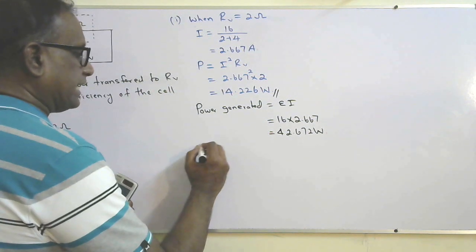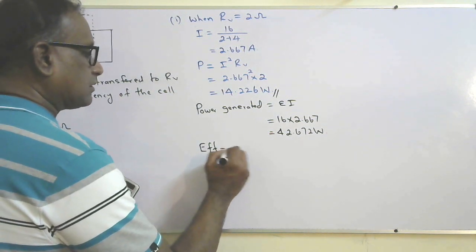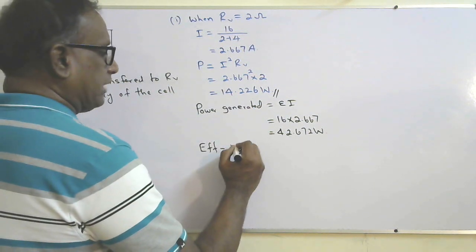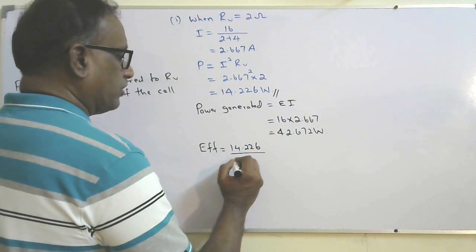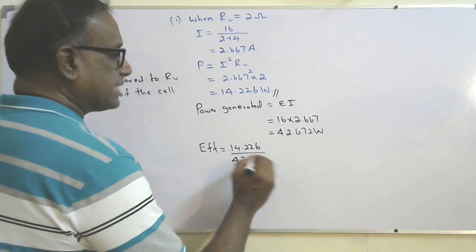So for efficiency I need to find 14.226 over 42.672.